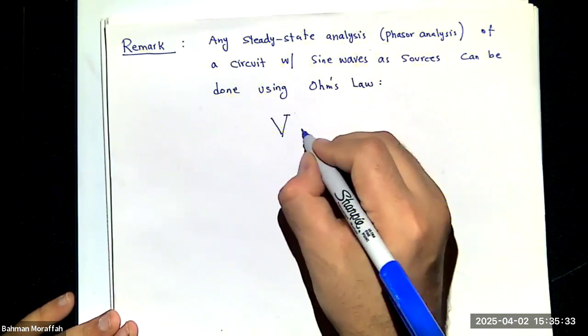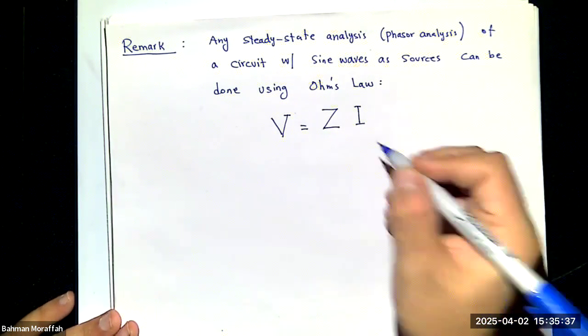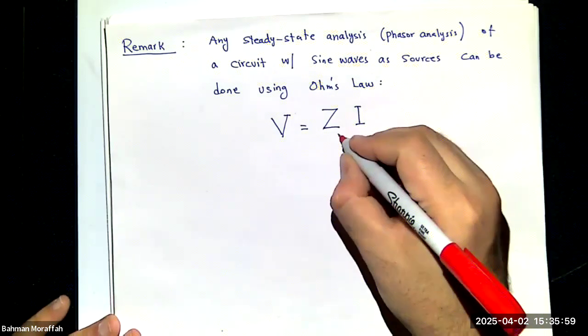So we know V equals some complex number Z times I. And if I have a resistance, this Z is R, which is a real number. If I have an inductor, this Z is i omega L. If I have a capacitor, this Z is 1 over i omega C. We call this Z impedance.